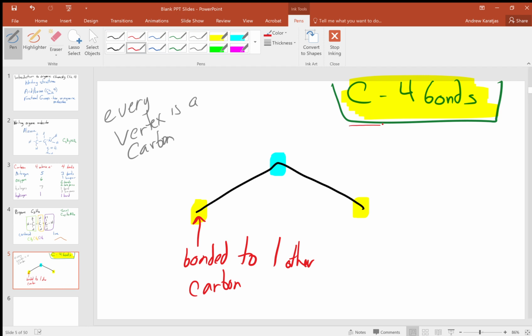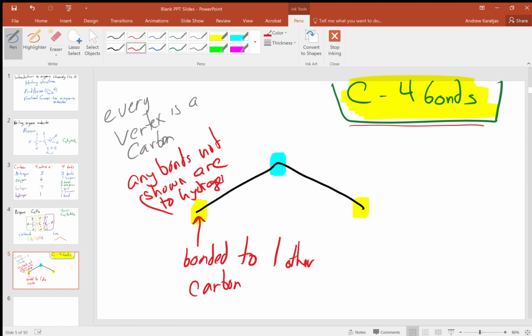Well, that's where we make this very important assumption. Any bonds not shown are to hydrogen. So what does that tell us? That tells us that this carbon is bonded to 3 hydrogens.